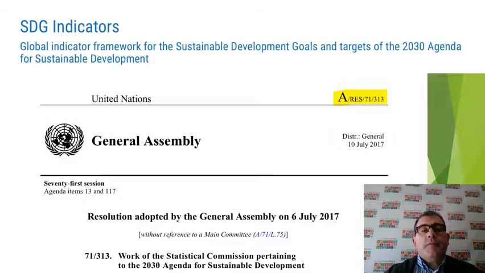Another very important document is the Global Indicator Framework for the Sustainable Development Goals and Targets. The Sustainable Development Goals, which succeed the Millennium Development Goals, bring some new tools to be more effective.